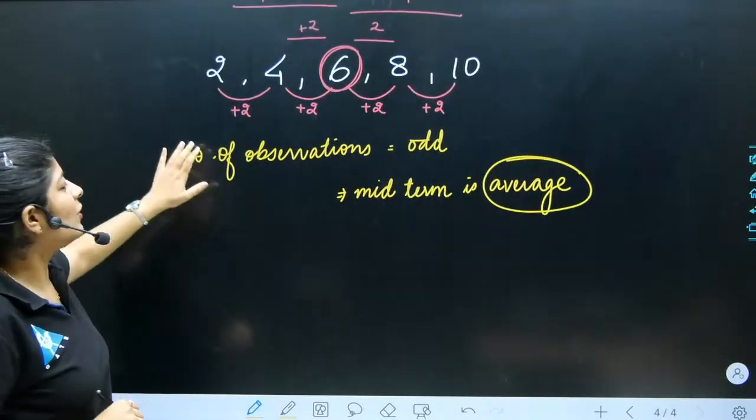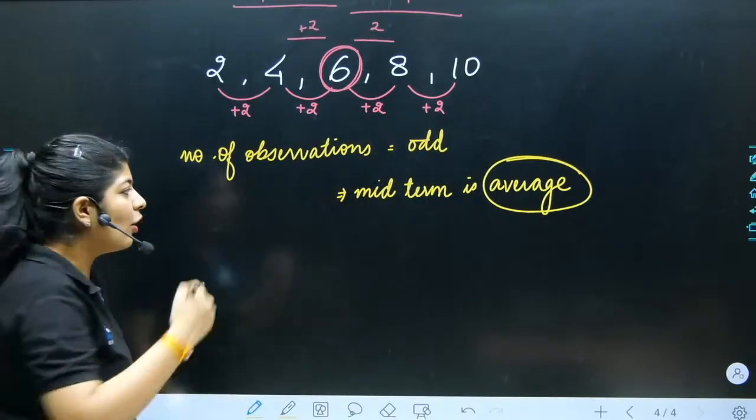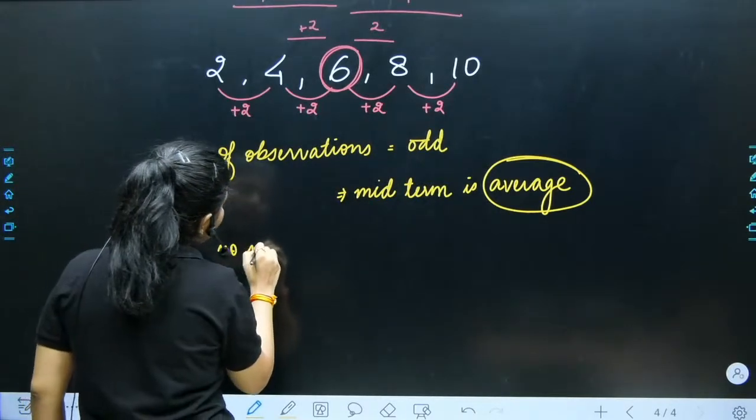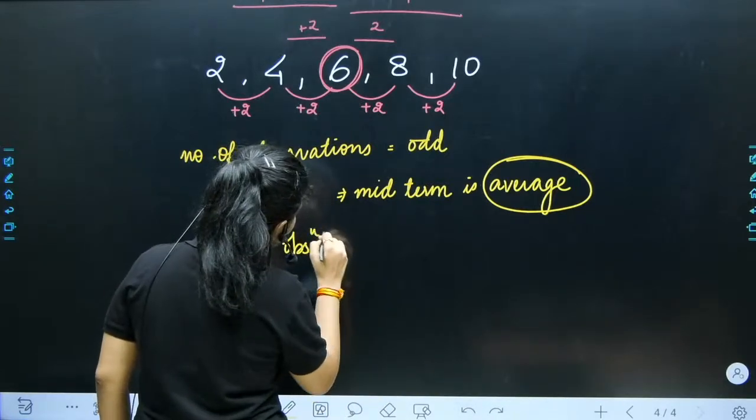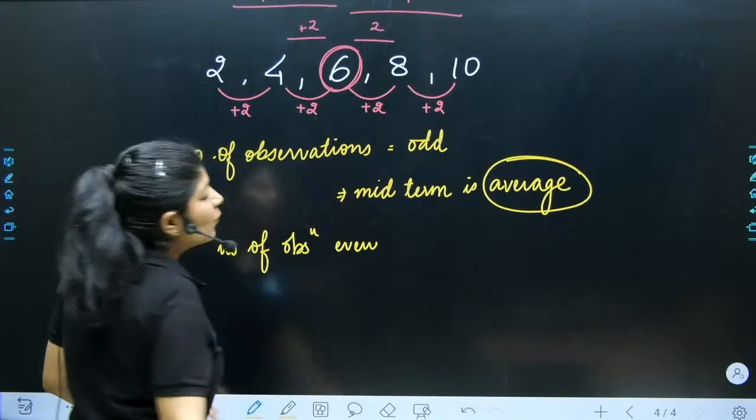Let's suppose the number of observations is even. Then what we have to do?